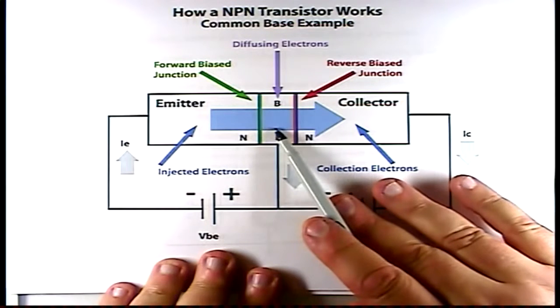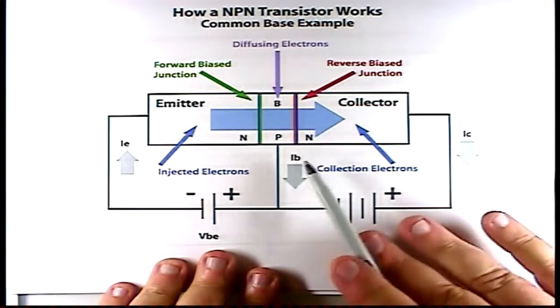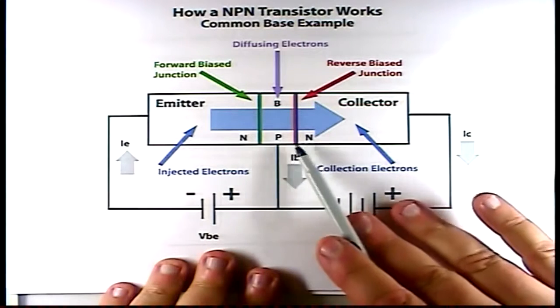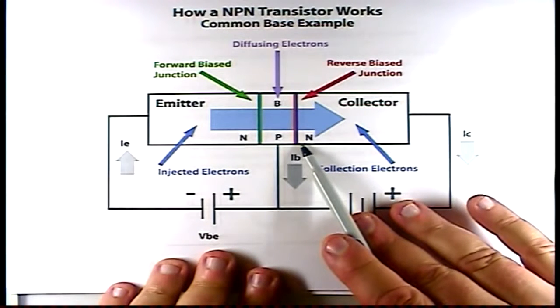Electron current flows from the emitter to the base, filling holes in the base and creating a negative charge in the base. Now, this region here naturally is still reversed by a reverse bias junction.